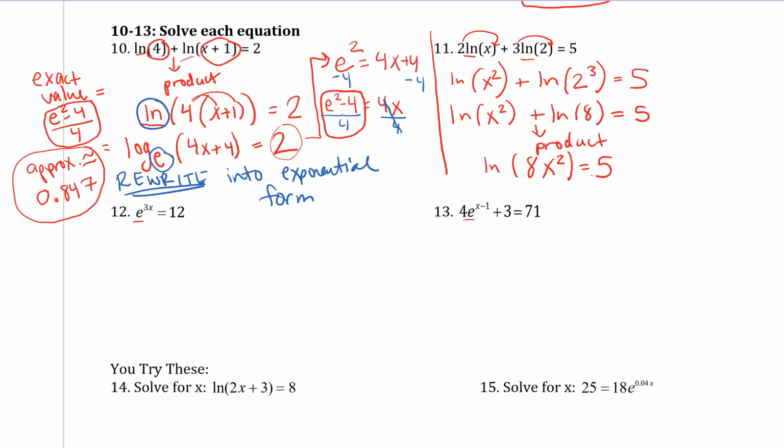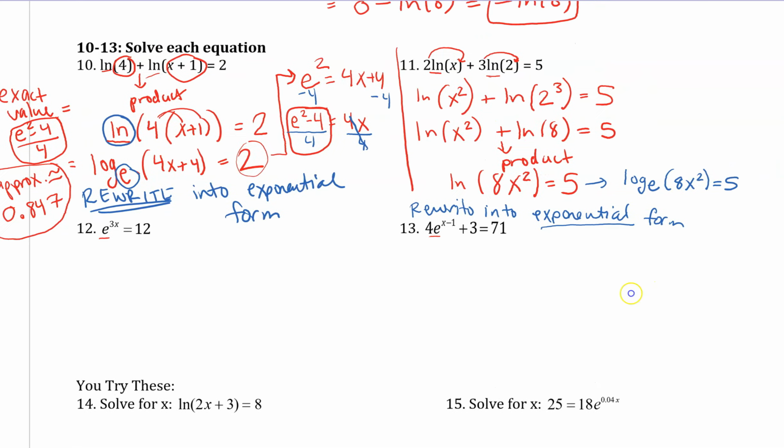And it's right at this juncture that I can go ahead and rewrite into exponential form. Once I get one log on one side and another value on the other side, this is when we rewrite into exponential form, but we also have to remember that a natural log is a log base e, because I have to know what my base is if I'm going to rewrite into exponential form.